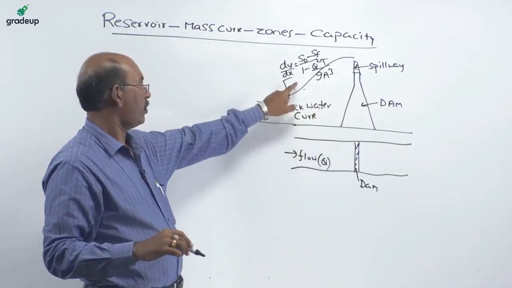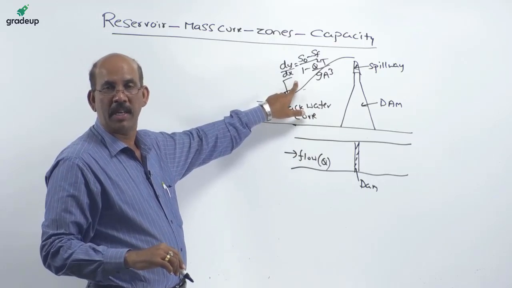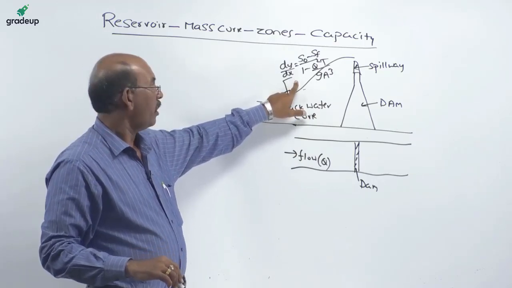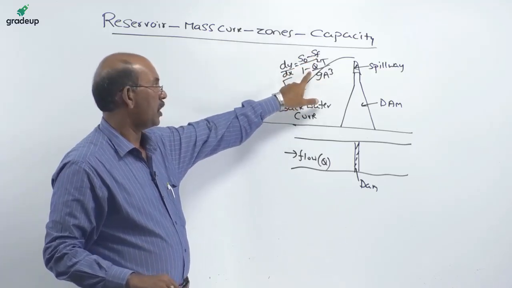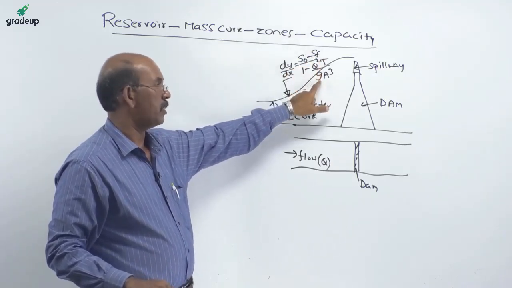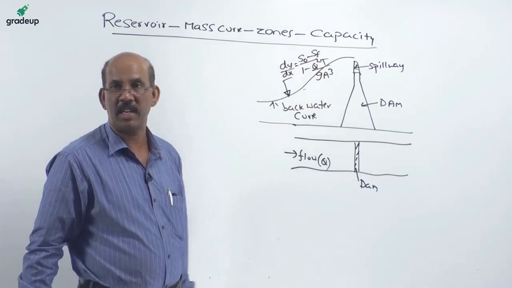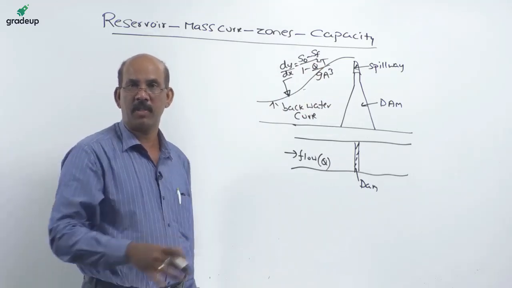The profile of this curve can be studied from open channel hydraulics, where S naught is the bed slope, Sf is the friction slope, Q is the discharge, T is the top width, g is the acceleration due to gravity, and A is the area. This is another part of the course.